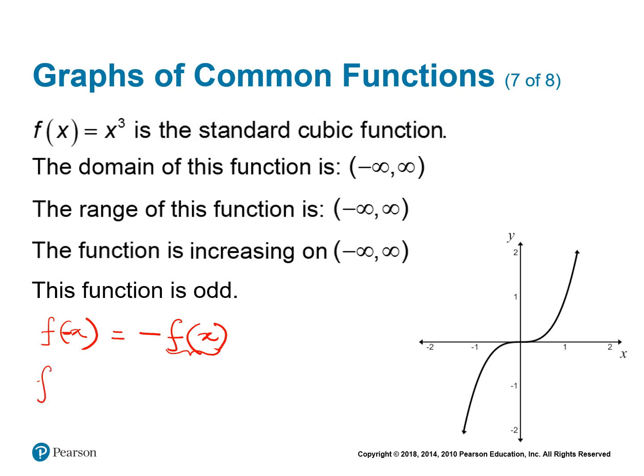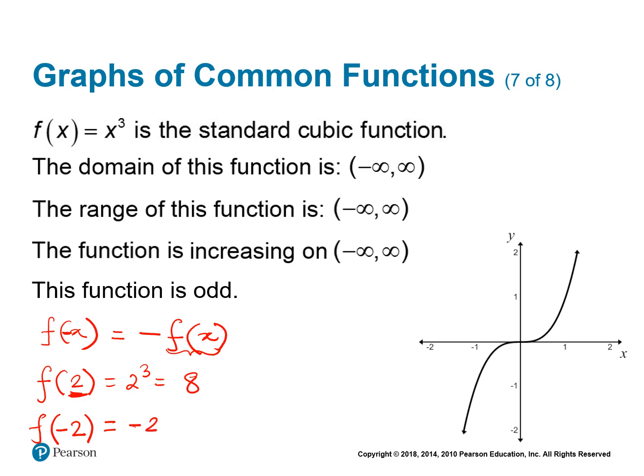Let's say we have f of 2. Here 2 is a positive value, so 2 cubed, f of 2 equals 2 cubed, which is 8, correct? If we replace the 2 with a negative 2 for x, what do we get?